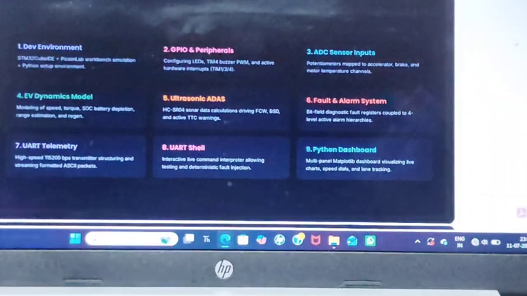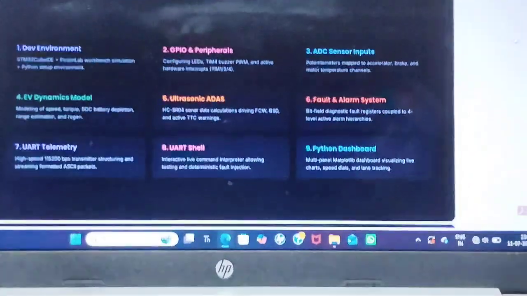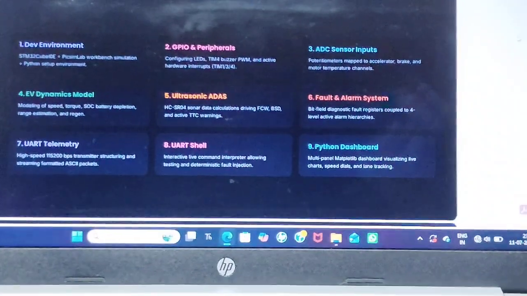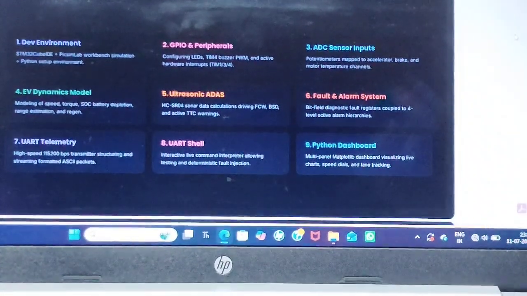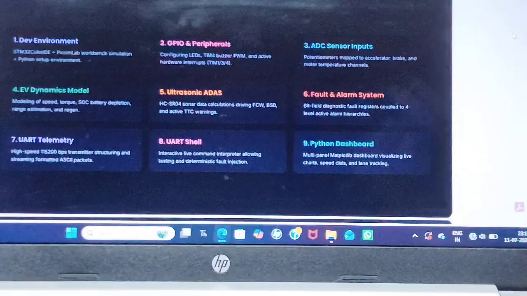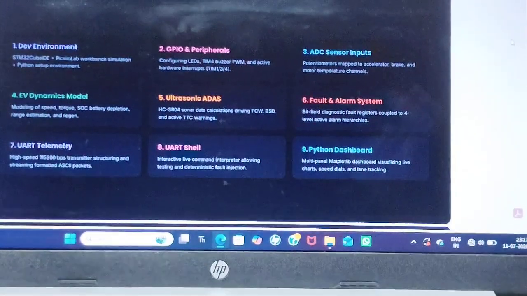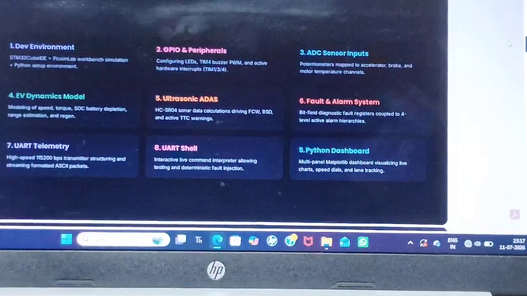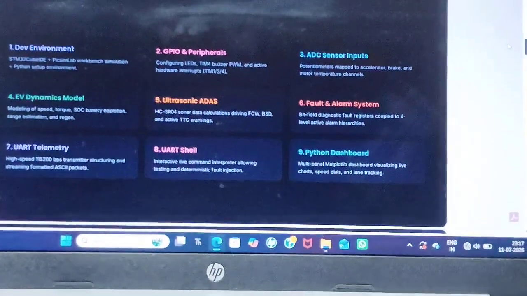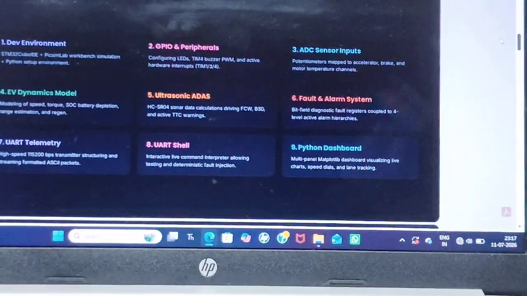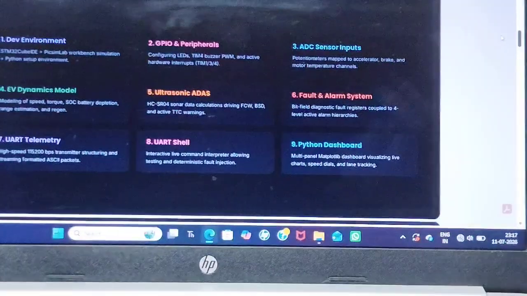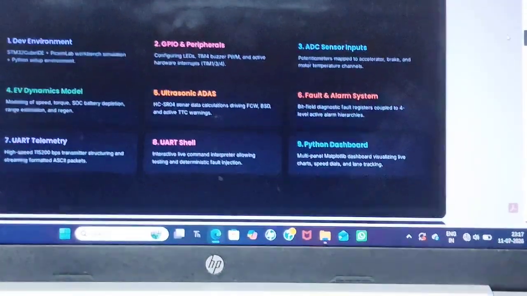Fifth one is ultrasonic ADAS, HC-SR04 sonar data calculation driving FCW, TTC, and active DTC warnings. Sixth one is the fault and alarm system, pit fault diagnosis, fault registers coupled to a 4-level active alarm ratchet.